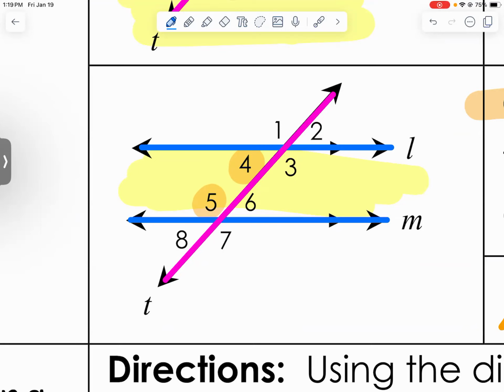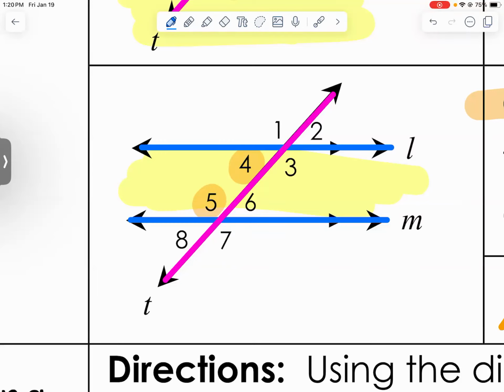So I have a question. I'm going to cover this up. What's true about angles 3 and 4? They are adjacent. What else? Oh my gosh, they make a straight line, which means what?